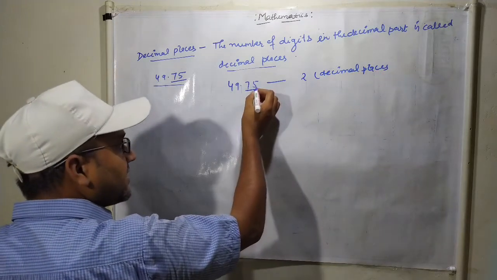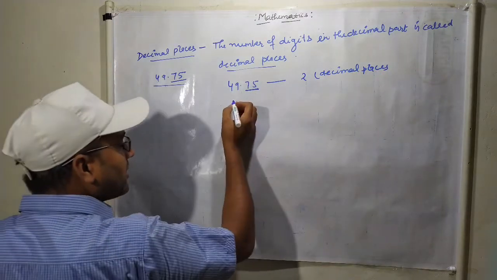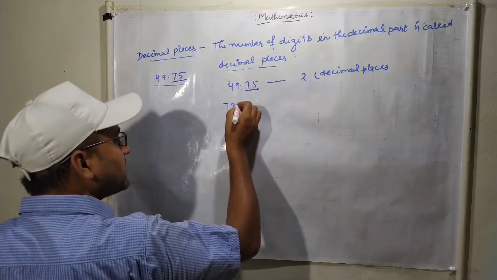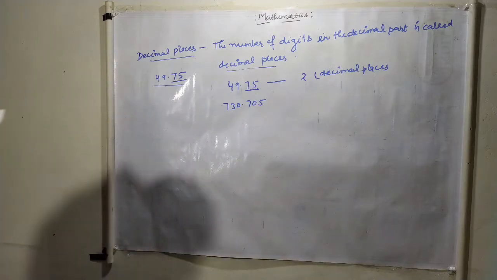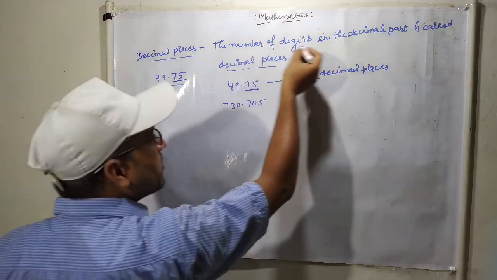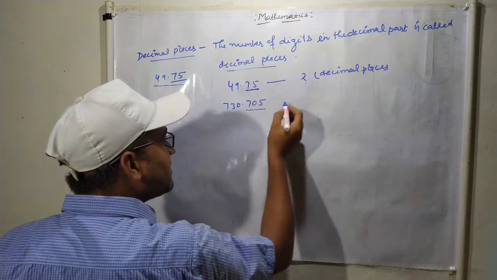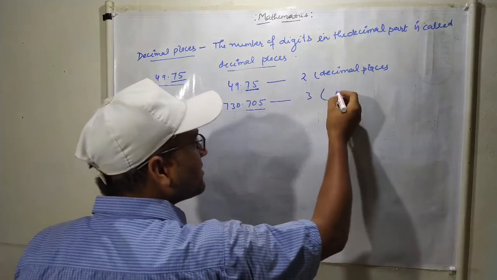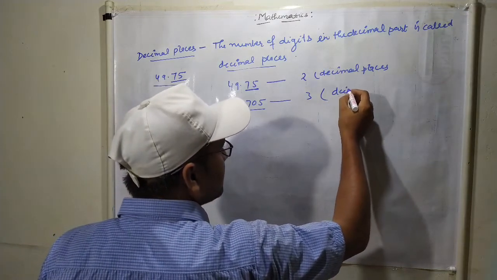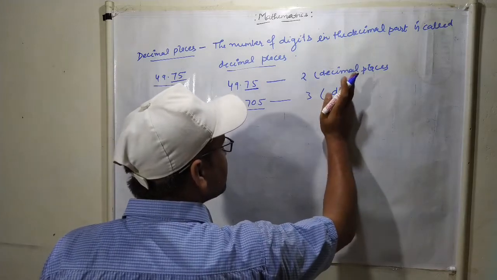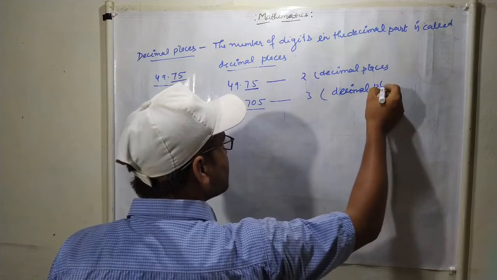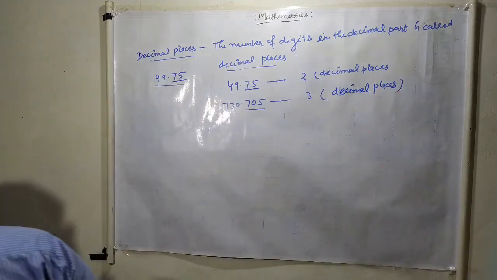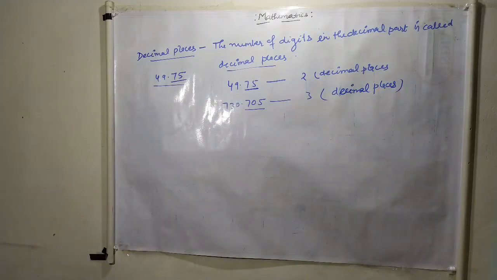This is tens and this is hundredths. Now 730.705. How many decimal places are there? How many digits in the decimal part? There are 3, so its decimal place is 3. This is known as decimal places.